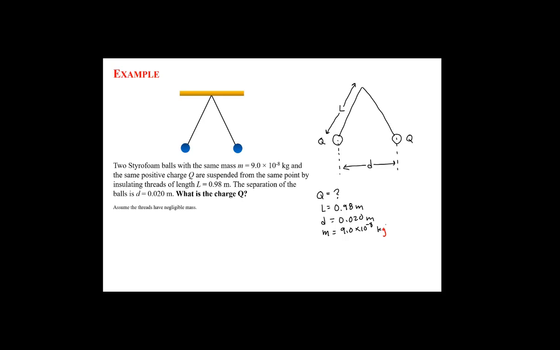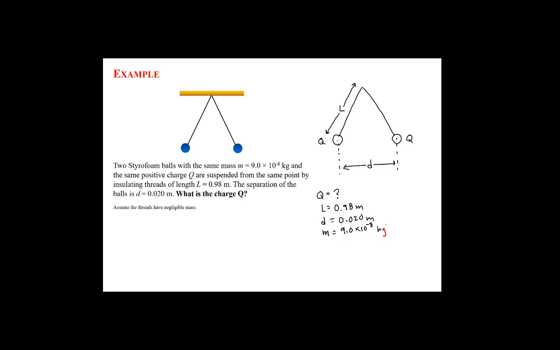So how I'm going to do that is I'm going to take one of these spheres, at least. I might need both of them, but for now, I'm going to start off with one of them and analyze all of the forces acting on that sphere, because we do know one thing that connects these two spheres together.